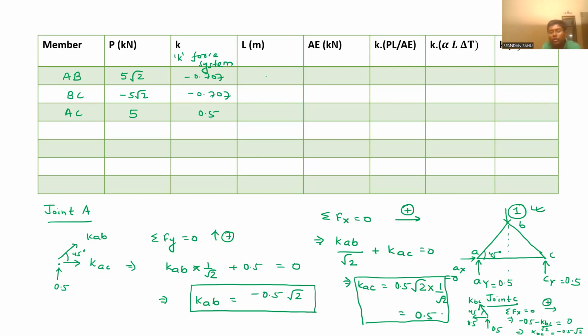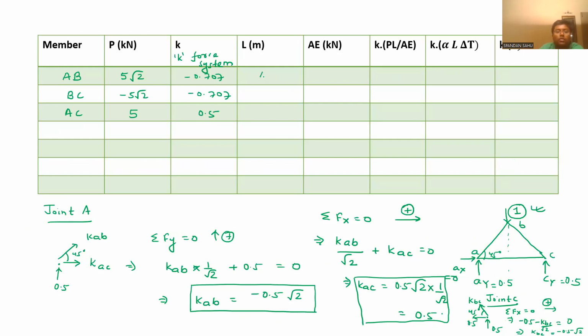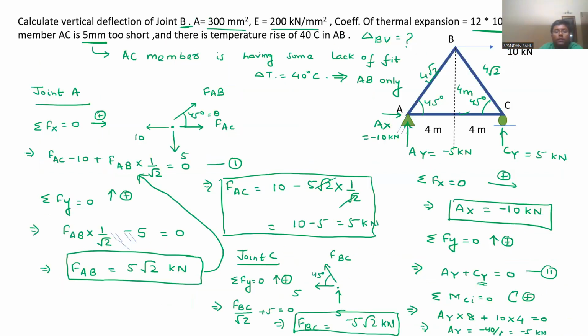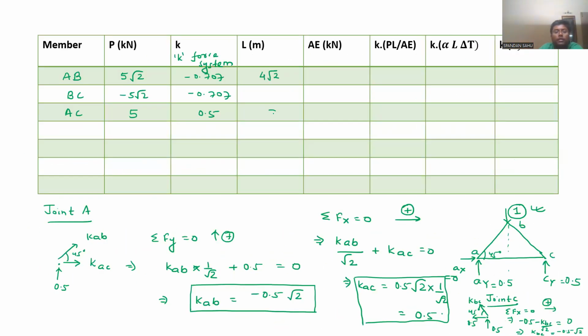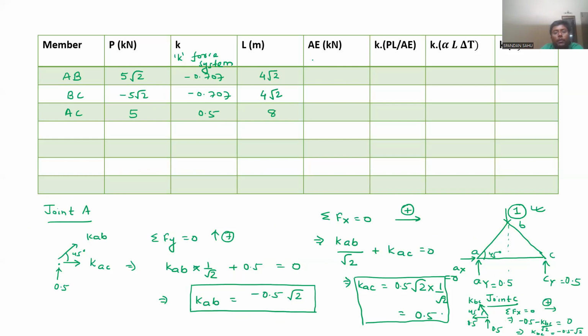And we know the length of AB is, this is 4 meter, this is 4 meter. So it will be 4 root 2 meter. Similarly, this will also be 4 root 2 meter. So AB is 4 root 2 meter, AC is 8 meter, and BC is also 4 root 2 meter. And now, here A is 300 mm square, E is 200 kilonewton per mm square.